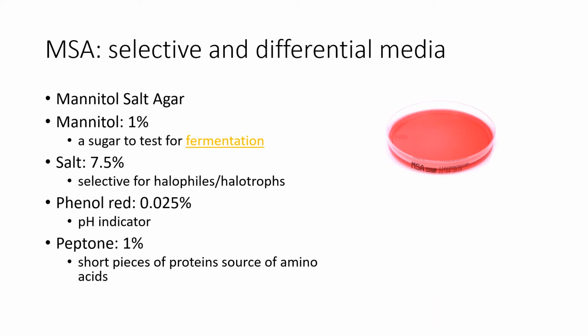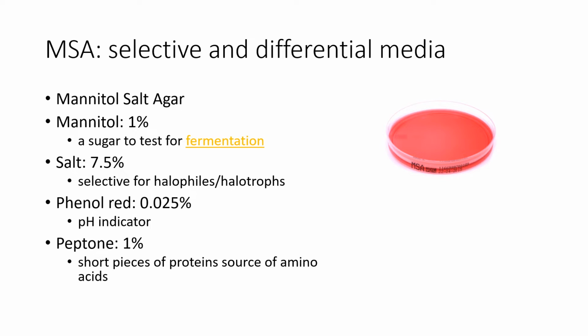Okay, so with mannitol salt agar, this media is selective and differential. So remember that when you're talking about chemically defined media, there are three kinds. Chemically defined means I know exactly what is in there. In fact, in the mannitol salt agar lab, there is a table that gives you the actual concentrations of the components of this agar.